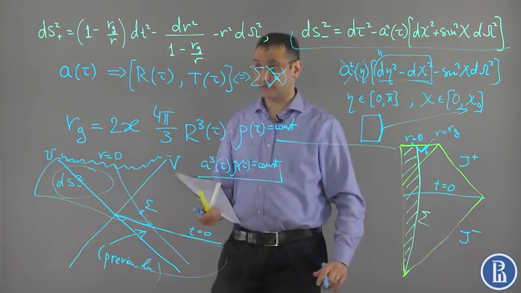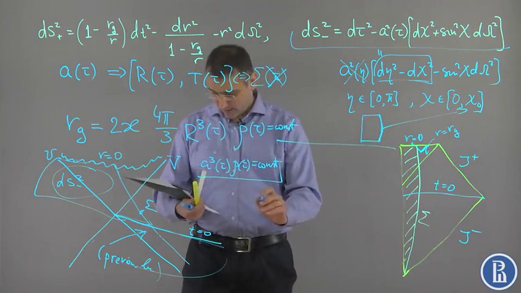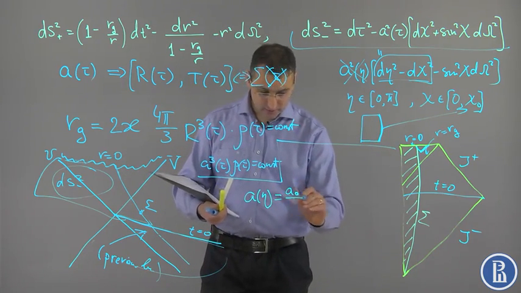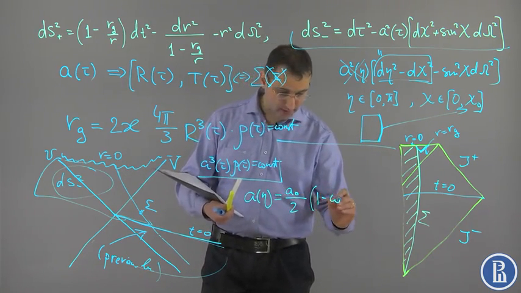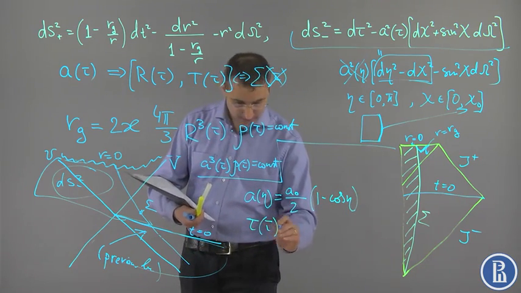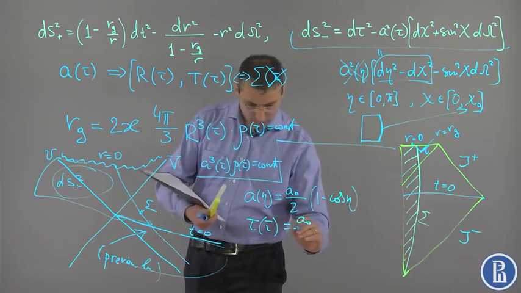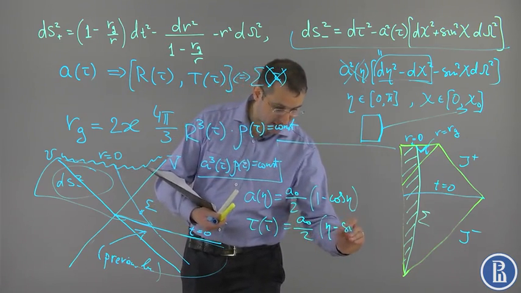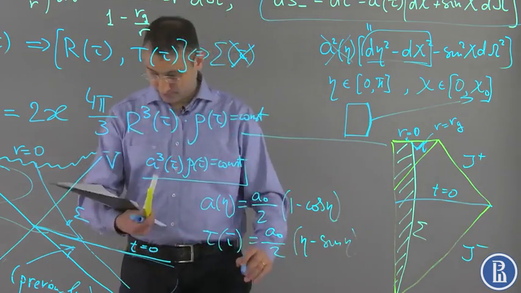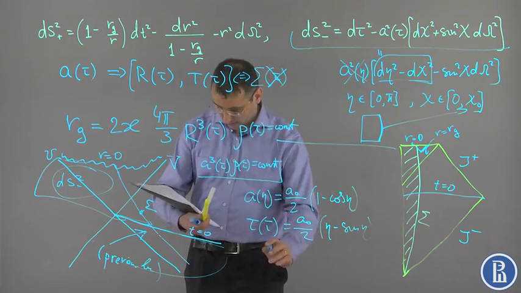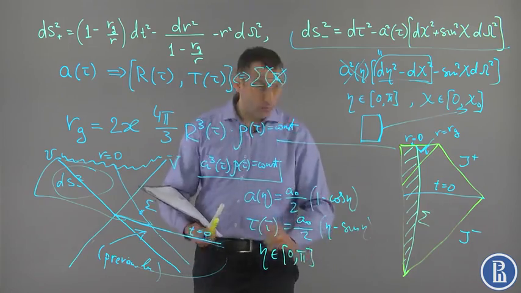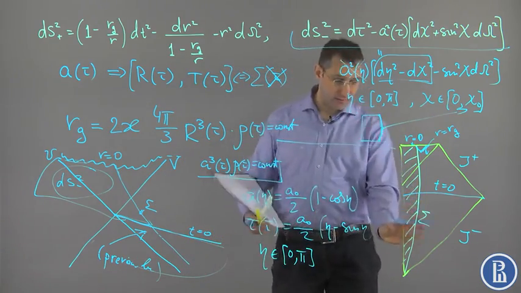The time reversal of this solution is given by a of eta equals a0 over 2 times 1 minus cosine of eta, and tau of eta equals a0 over 2 times eta minus sine eta. So we had a solution where there was a plus sign here, and now we have this solution with eta ranging from 0 to pi. That solution with the plus sign was describing the collapse.